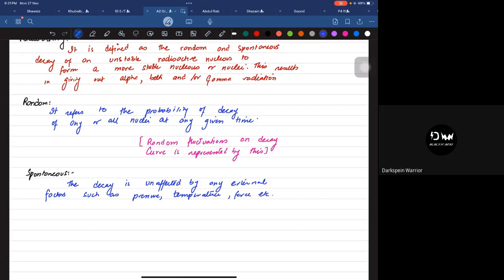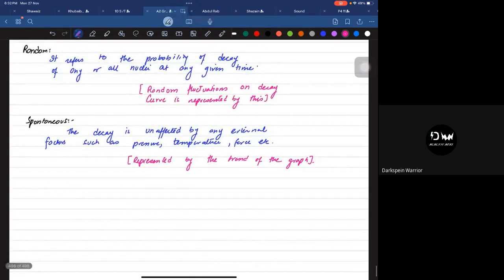It will decay when it wants to. And this one is represented by the trend of the graph. All right, kids. You write it down, please, while I draw the graph.